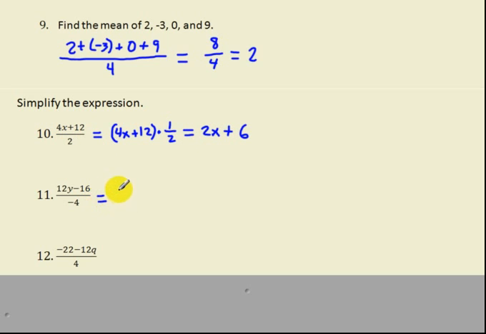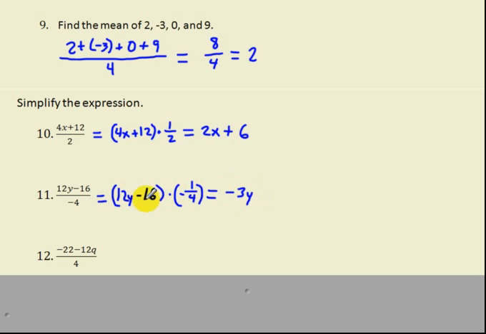Okay, so same idea here, 12y minus 16. And we're going to multiply times negative 1/4. So if we take 12, really we're dividing by 4 in effect here, but it's a negative. So negative 12 divided by 4 is 3, of course, so negative 3y.